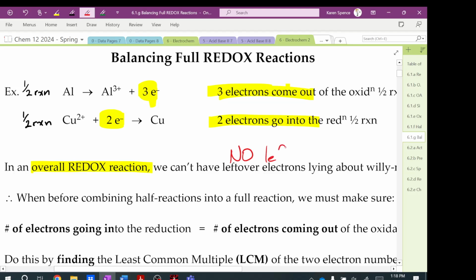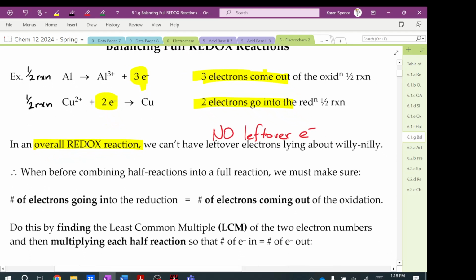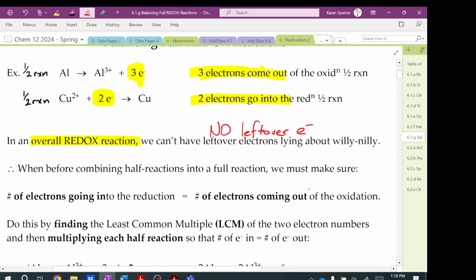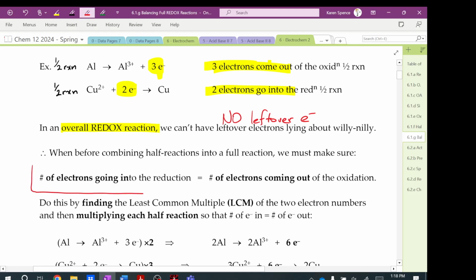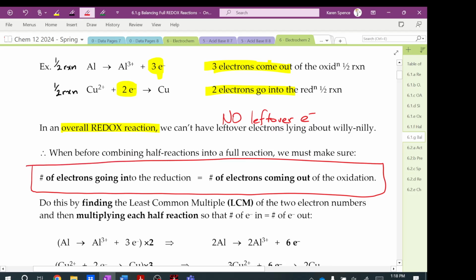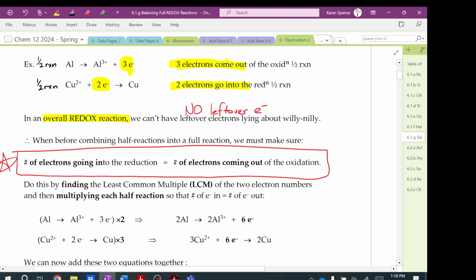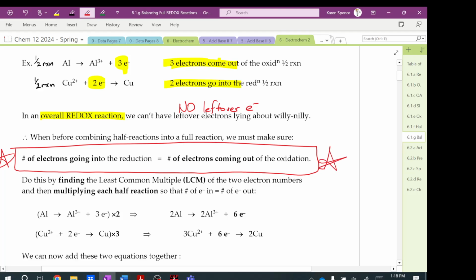So when combining, we need to make sure, and I'm going to put a box around this, and we're going to put stars beside it. And when I mark your quiz and you get it wrong, I'm going to say electrons in equal electrons out. Okay? Electrons in have to equal electrons out. And we do that by multiplying.